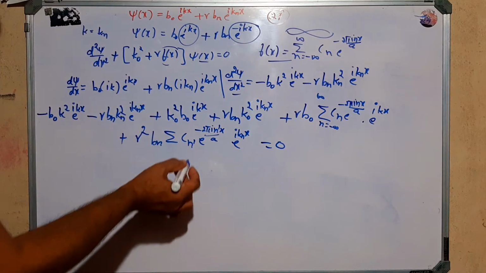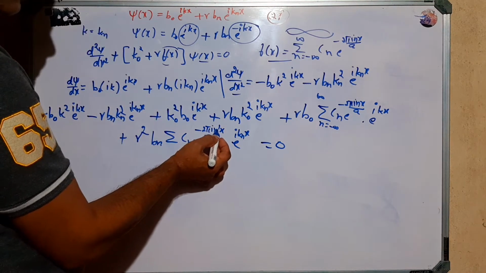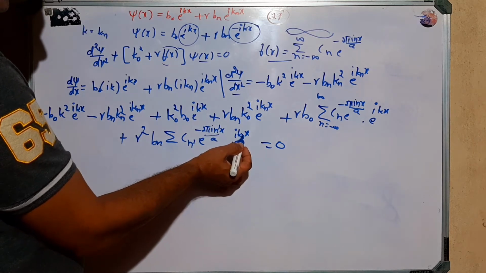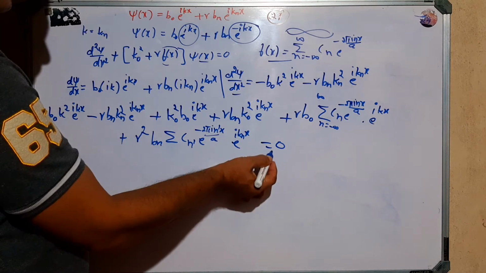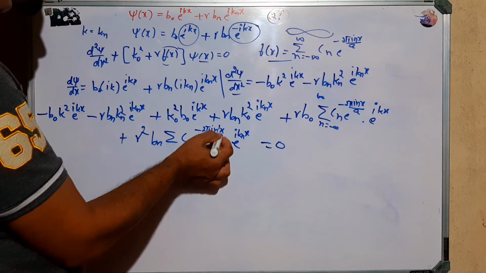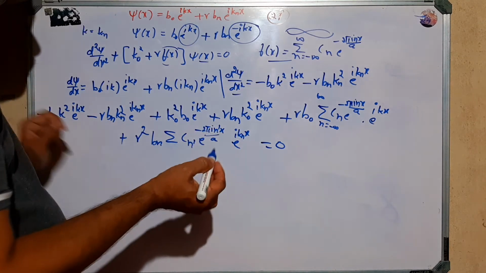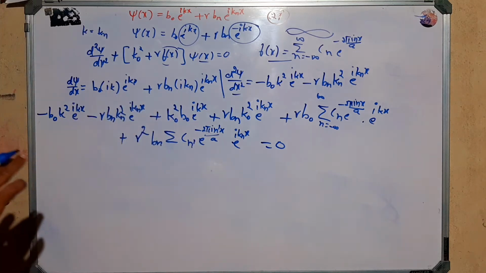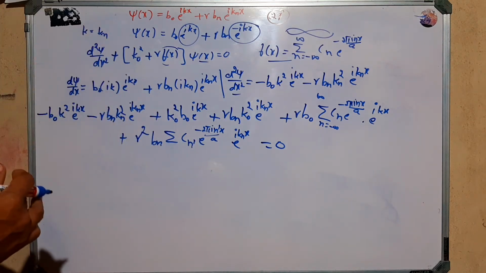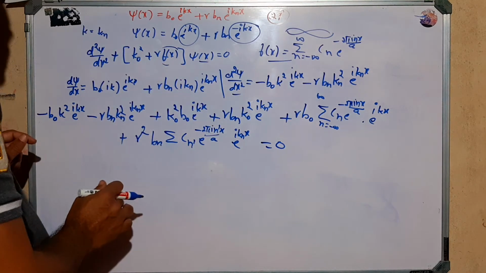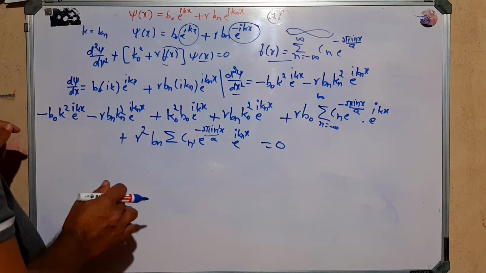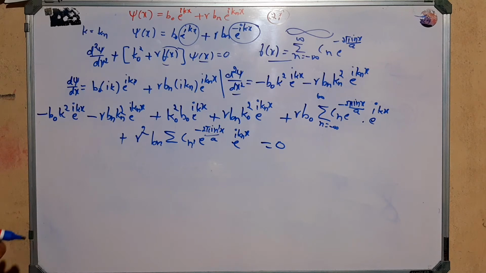I have just changed the notation to n', because kₙ is nothing but k minus 2πn/a. This integer and the integer here need not be the same, so n is replaced by n' only to differentiate. The same situation arose earlier also.